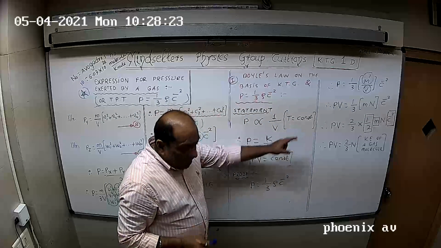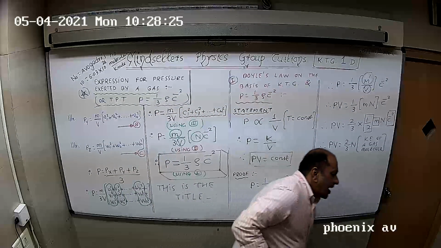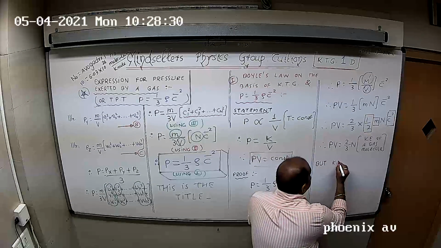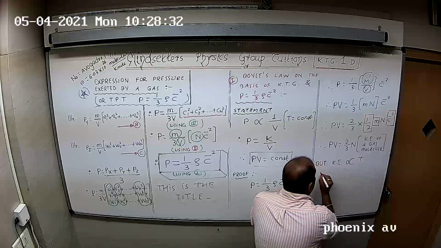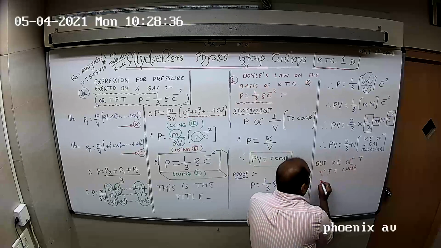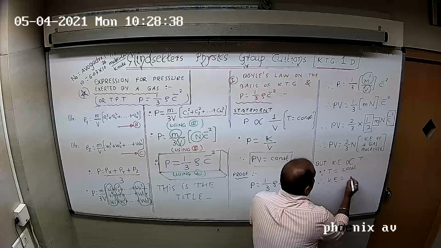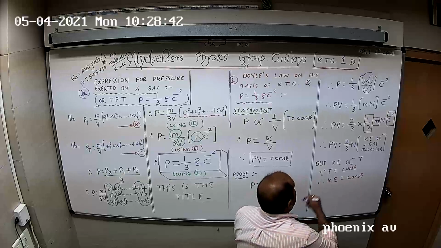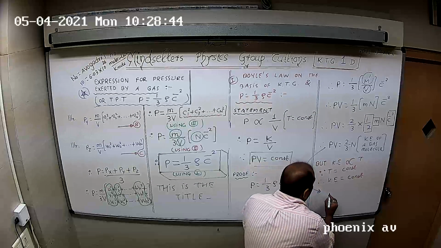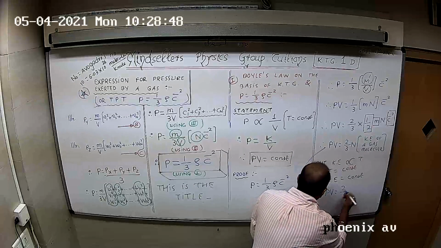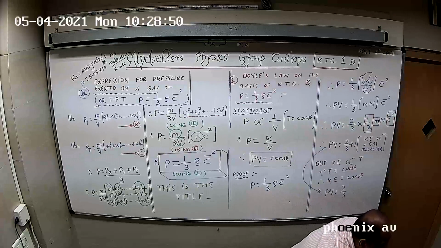Temperature is constant, right? We say that in the postulate, but kinetic energy depends on temperature, and since temperature is constant, therefore kinetic energy also should be constant, and therefore PV is equal to 2/3 n. 2/3 is a number, so constant.